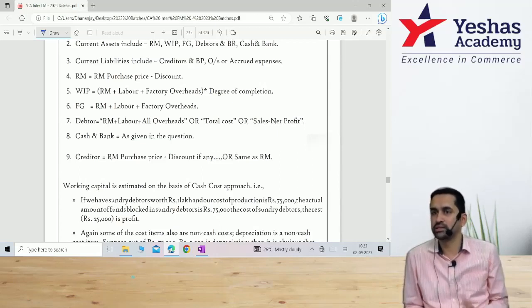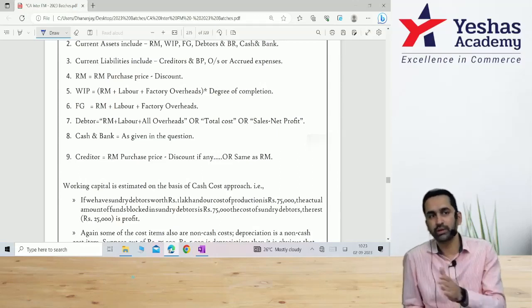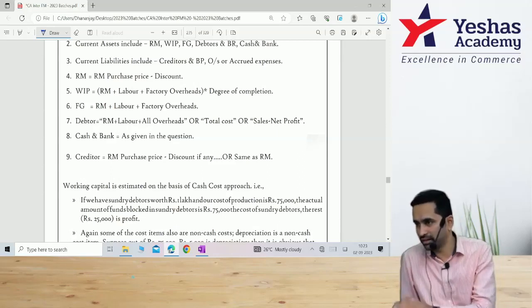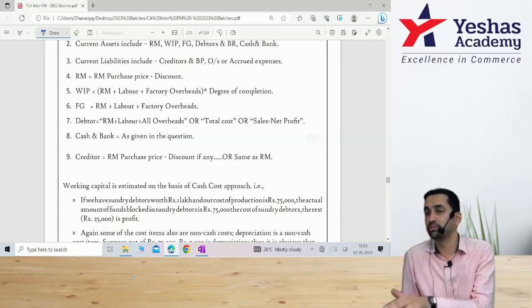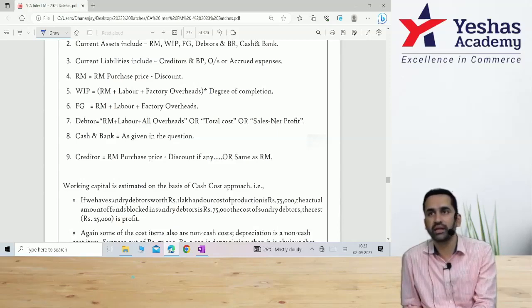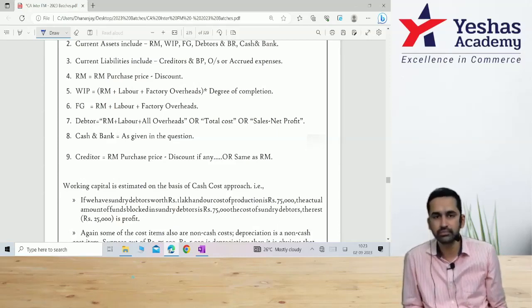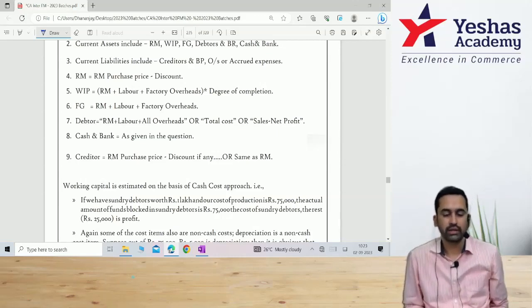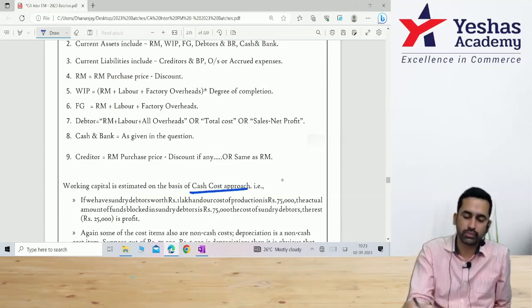How much money is needed for RM? How much money will be blocked in debtor? How much cash should I keep with me? Every current asset and every current liability will now be individually estimated. Understanding? Next.